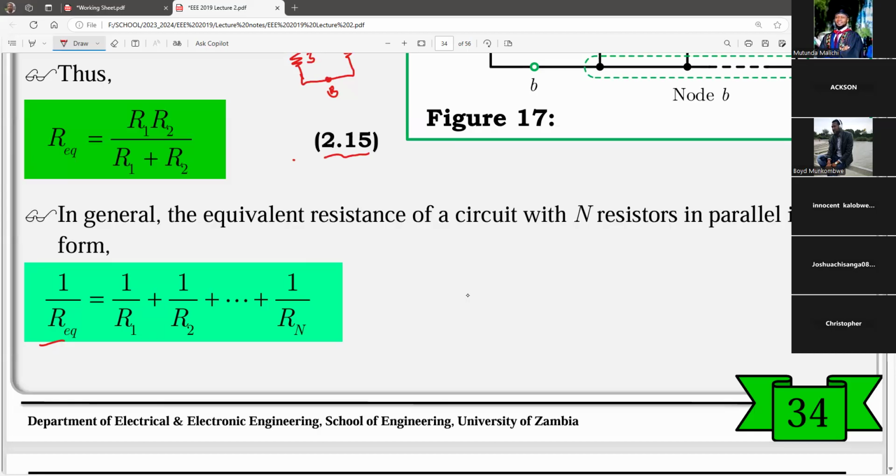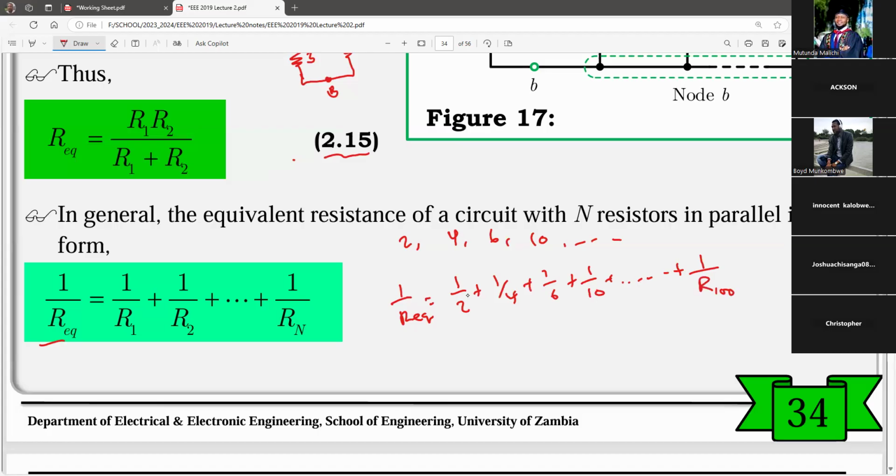So if you have, for example, a 2 ohm resistor, 4, 6, 10, all the way up to 100, then what we are saying is that for the equivalent resistance of these resistors, 1 over Req should be equal to 1 over 2 plus 1 over 4 plus 1 over 6 plus 1 over 10 plus whatever, up to 1 over R100.